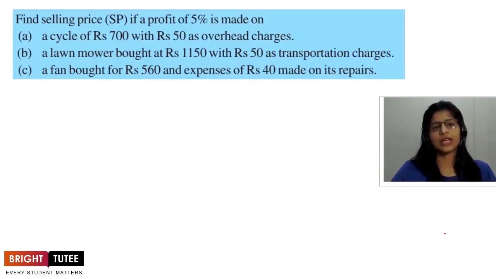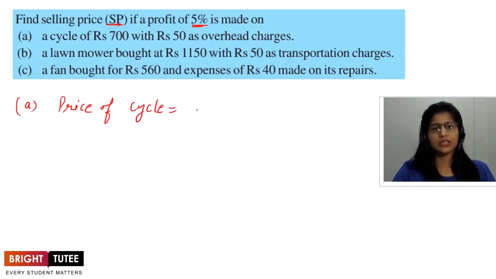Okay, what is the question asking? We have to find out selling price if profit of 5% is made on the first one, a cycle of rupees 700. So price of cycle is how much? Rupees 700, and rupees 50 as overhead charges.